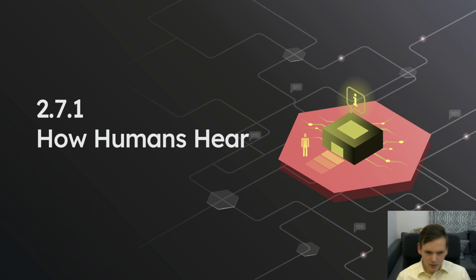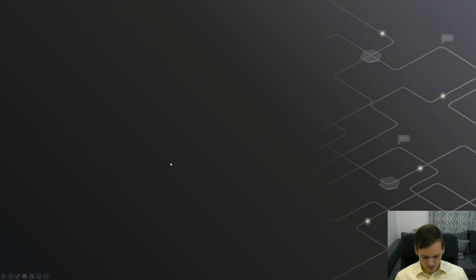In this lesson, we're going to talk about how the human ear is designed to function and how that lets us hear things. What's going on in the human ear is you've basically got a giant cup shape, the outer part of the ear, and that's going to trap air in it.